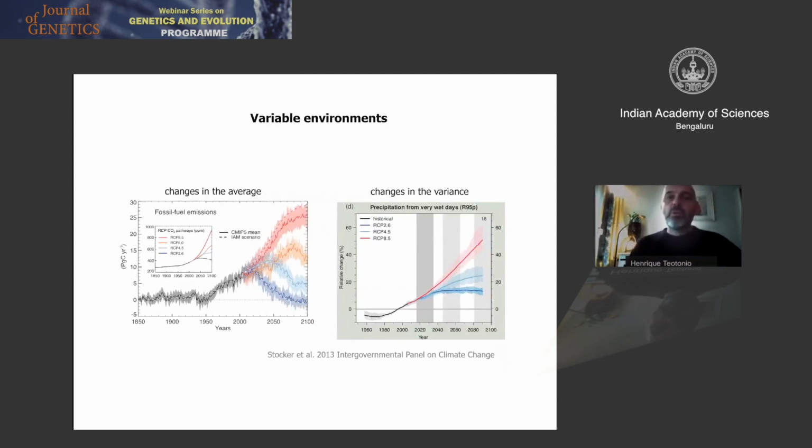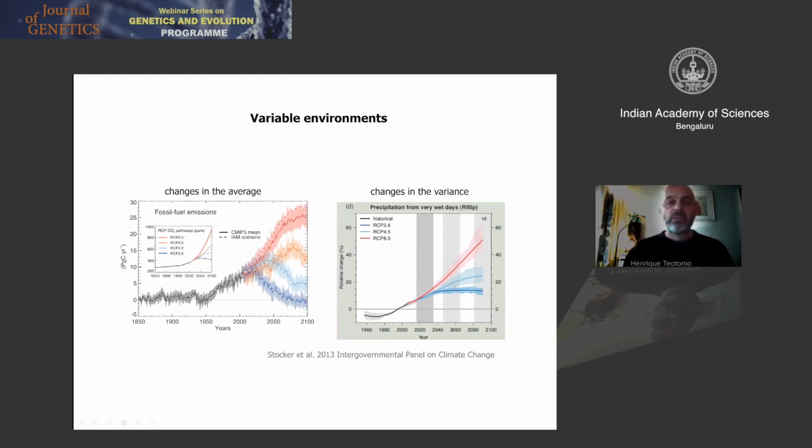So when we talk about variable environments, there are two aspects that we should consider. One is that changes in the environment occur in the average of a given environmental variable, such as, for example, over here in the left plot, where we see that within the last 100 years or so, there has been an increase in the levels of carbon in the atmosphere. And for the future, there are predictions that the average levels of carbon will increase, at least in some of these models.